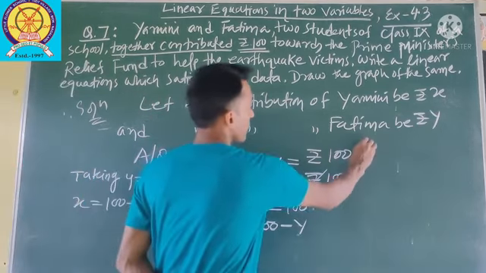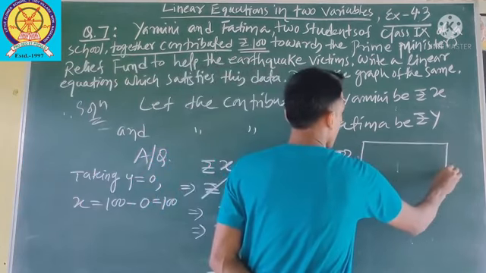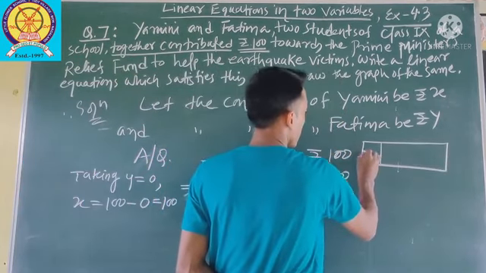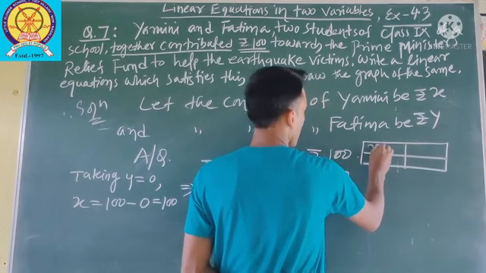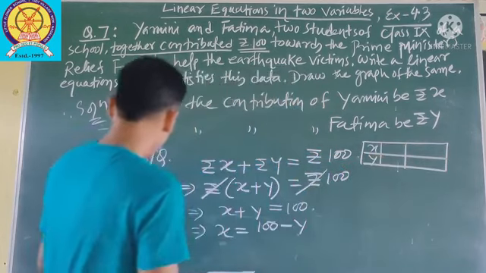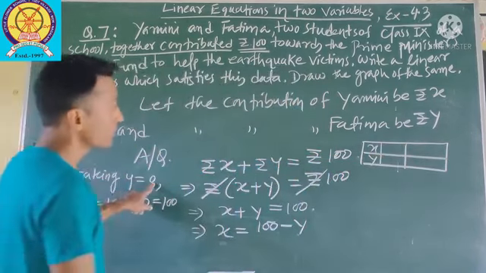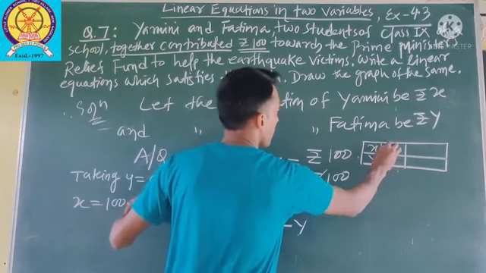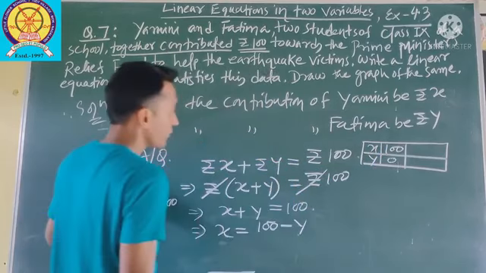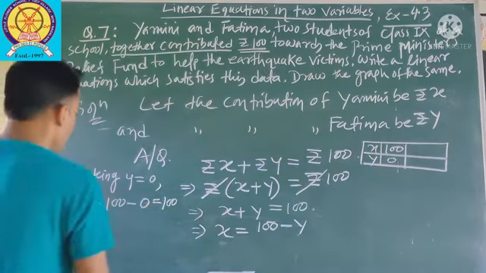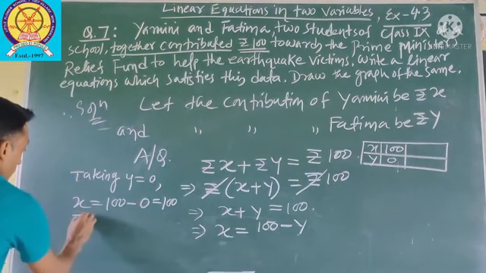So the first coordinate we get (x, y): when we take y as 0, at that time x value we get is 100. You find one more.